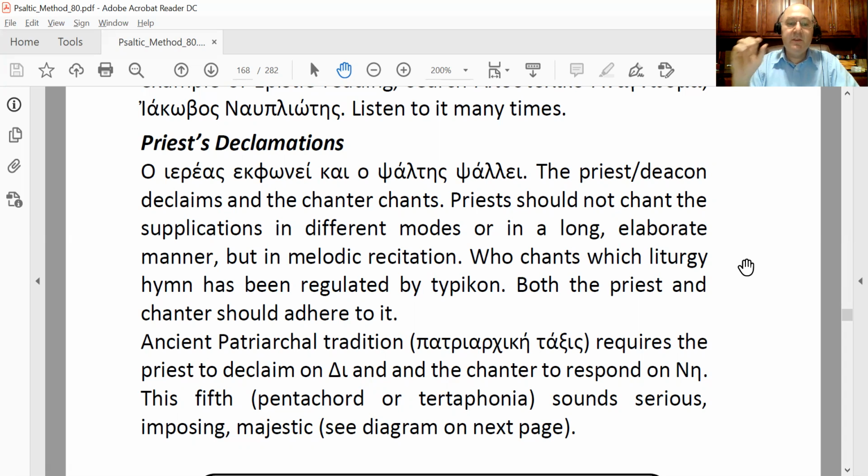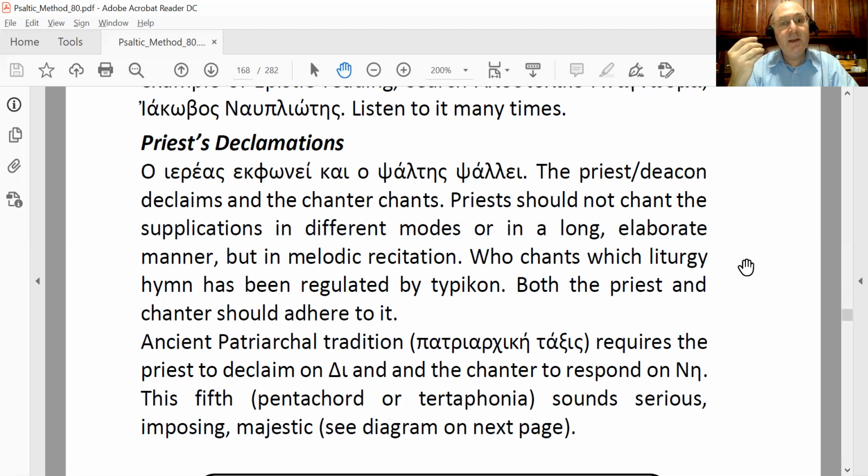This perfect fifth sounds serious, imposing, and majestic, and you should preserve that fifth as best as you can and always adhere to it. That's the best, simplest, most majestic and imposing way.